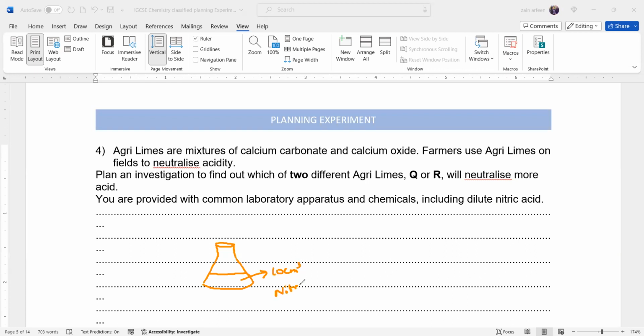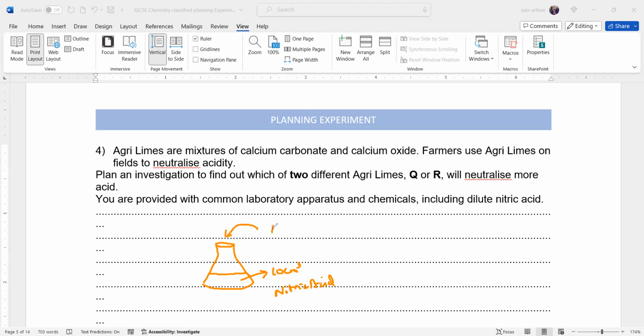And to measure this nitric acid, we should use a burette. Why not a pipette? Because a pipette can only measure a fixed volume of 25 cm cube. It cannot measure a variable volume. If we want to measure exactly 25, then use a pipette. But if it's a variable volume like 10.1, 15.2, or 3, then we should use a burette for more accuracy. So first we use a burette and transfer 10 cm cube of nitric acid into a conical flask.